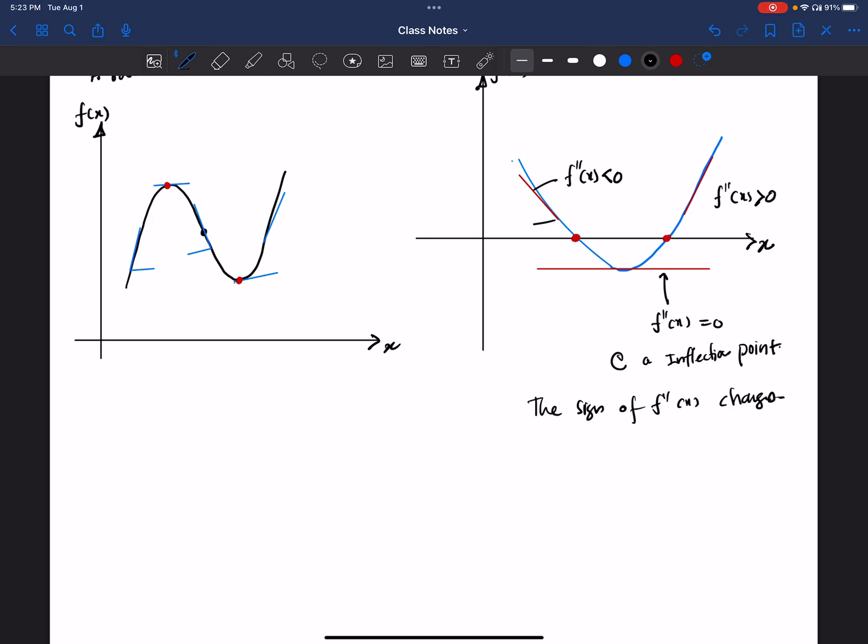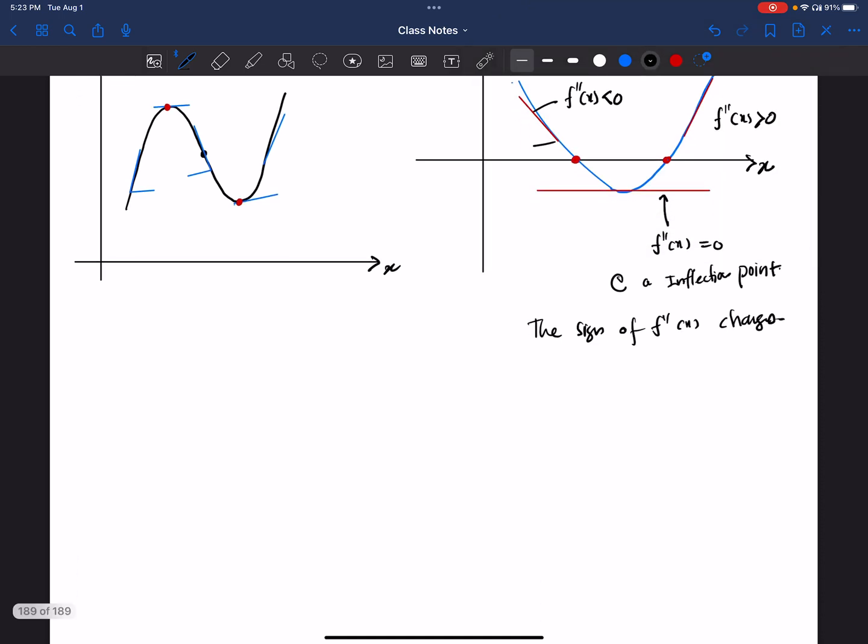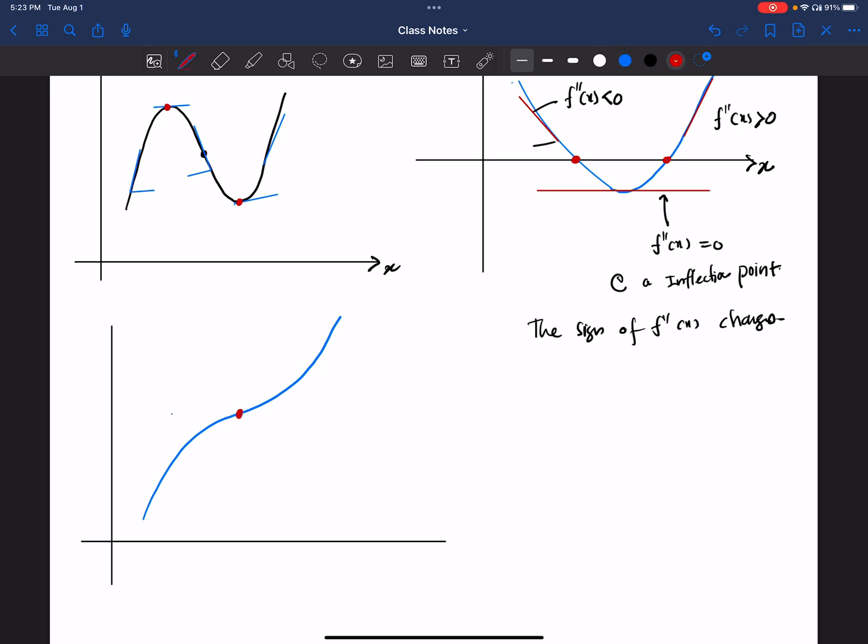And then you could also have another instance where there's an inflection point. So if we have inflection points something like this, it is also called an inflection point, where we have the condition that the first derivative f prime of x again equals 0.